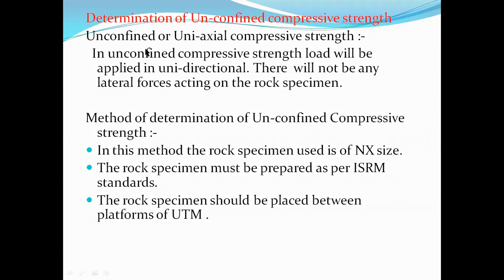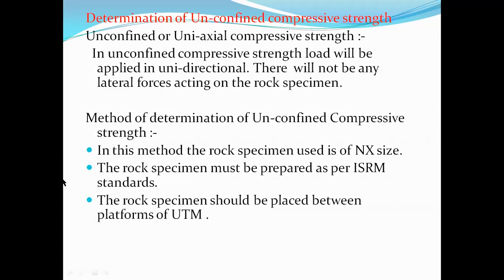That's why it is called unconfined or uniaxial compressive strength. So in unconfined compressive strength, load is applied unidirectionally, and there are no lateral forces acting on the rock specimen.